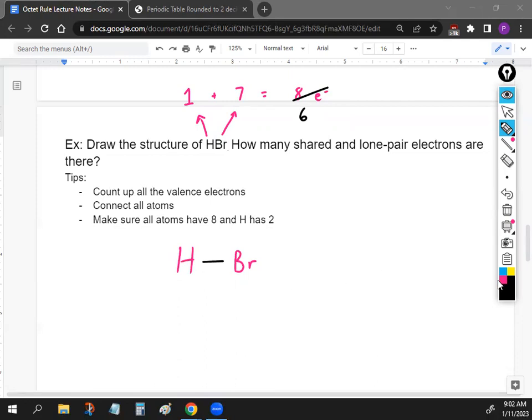Hydrogen has a line next to it, so that means hydrogen has 2 valence electrons. But bromine needs to get to 8. So we're going to add electrons to bromine until it gets to 8. It has 2 because of the line, 3, 4, 5, 6, 7, 8. And so we added 6, so we used them all up. And there you go. That's the structure of HBr.